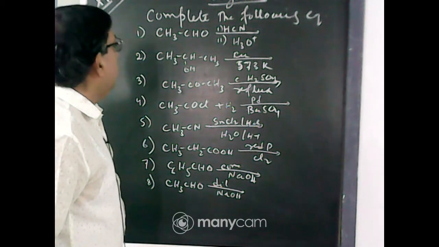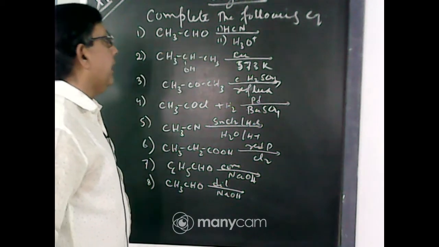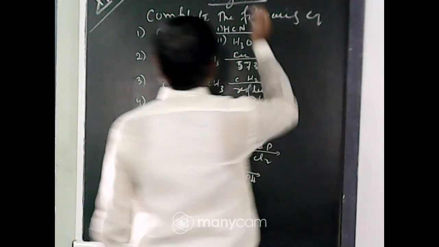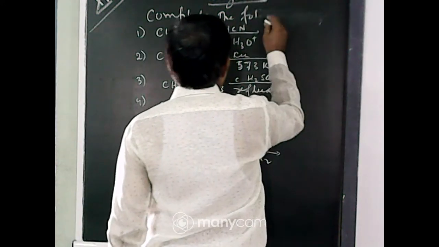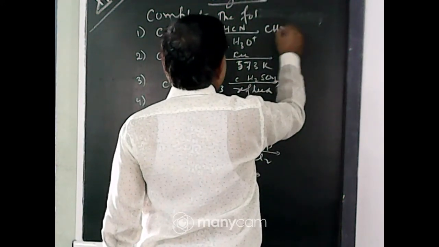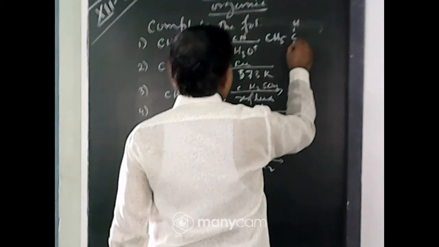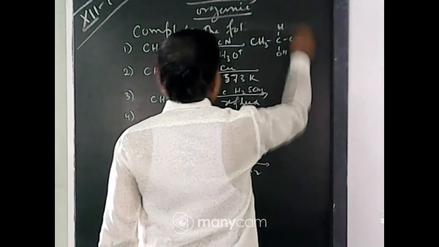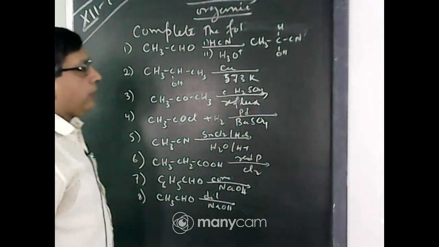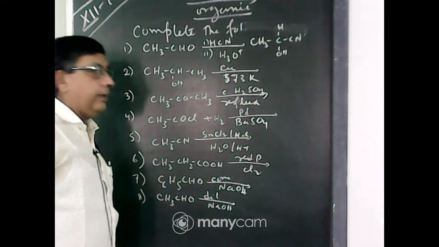First, it undergoes a nucleophilic addition reaction to form cyanohydrin, CH3CHOHCN.